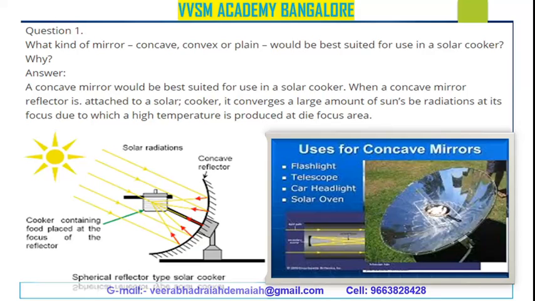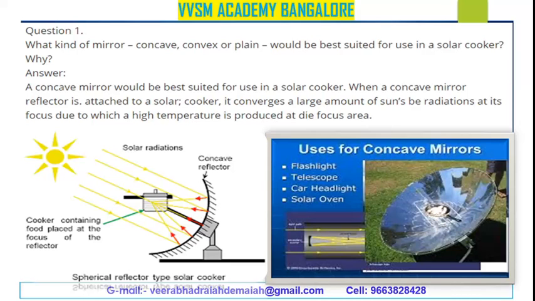Spherical reflector, a type of solar cooker. That's why concave mirrors are used for flashlights, telescopes, car headlights, solar ovens and solar cookers. So this is the importance of the concave mirror.